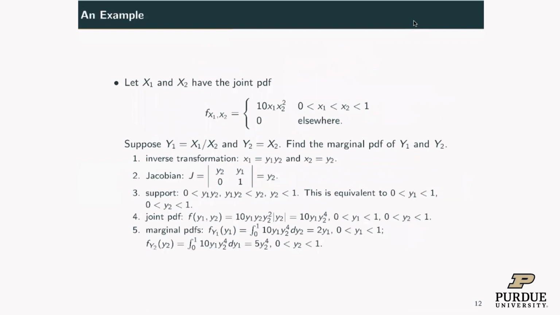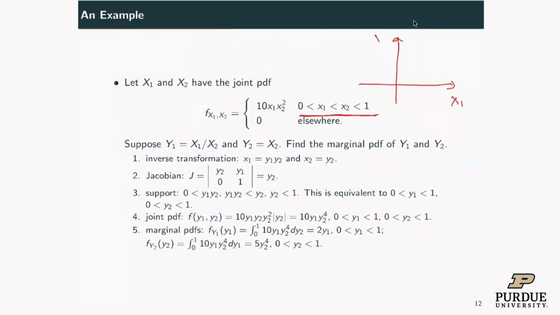To solve this kind of problem, usually we will go through 5 steps. Now let's take a look at this example. Let X1 and X2 have the joint PDF. So this is the joint PDF. You need to be careful about the support: 0 less than x1 less than x2 less than 1. So let's draw a picture. What is the support?